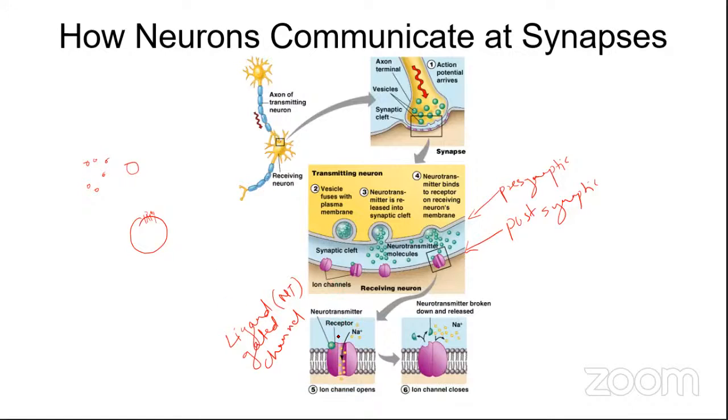Okay. If the postsynaptic membrane has a sodium ion channel, which is ligand gated, and the ligand here is the neurotransmitter, then in response to the neurotransmitter, what will be the fate of the postsynaptic membrane?